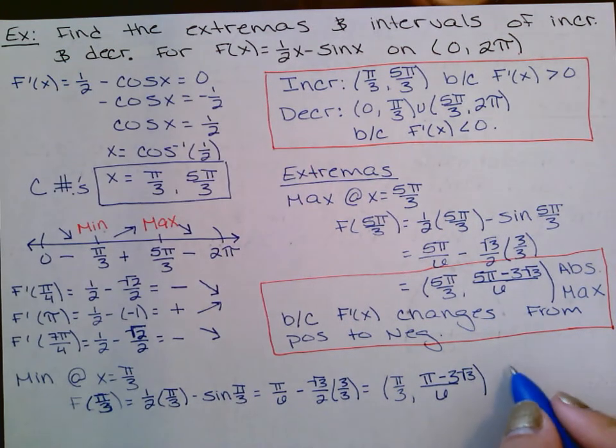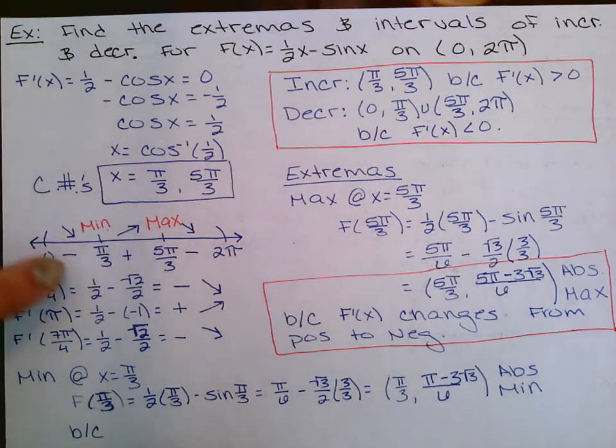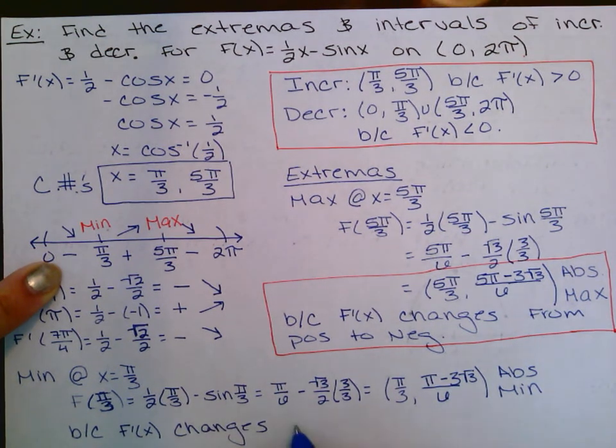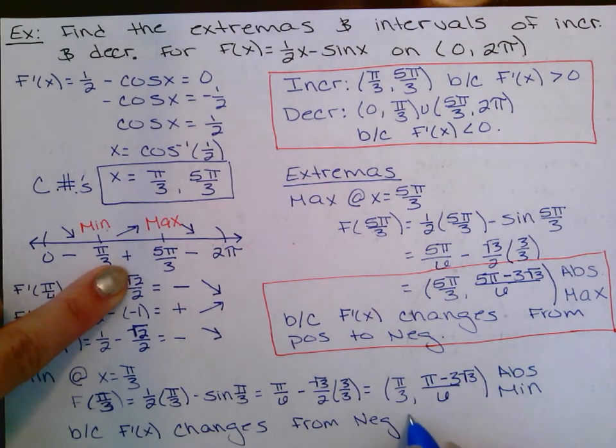And because it was my only min, this is going to be an absolute min. Okay? And we can say because we found this was a min, it did change from decrease to increase, because f prime, the derivative, changes from negative to positive.